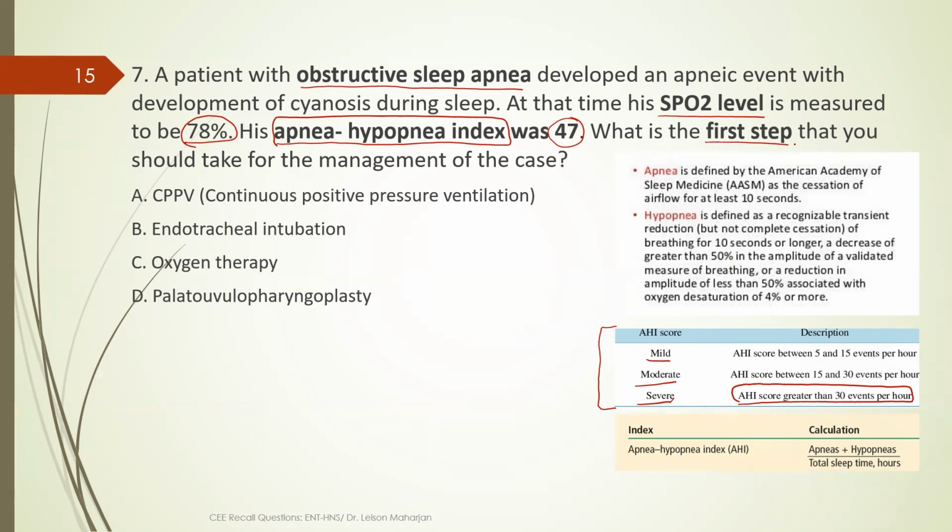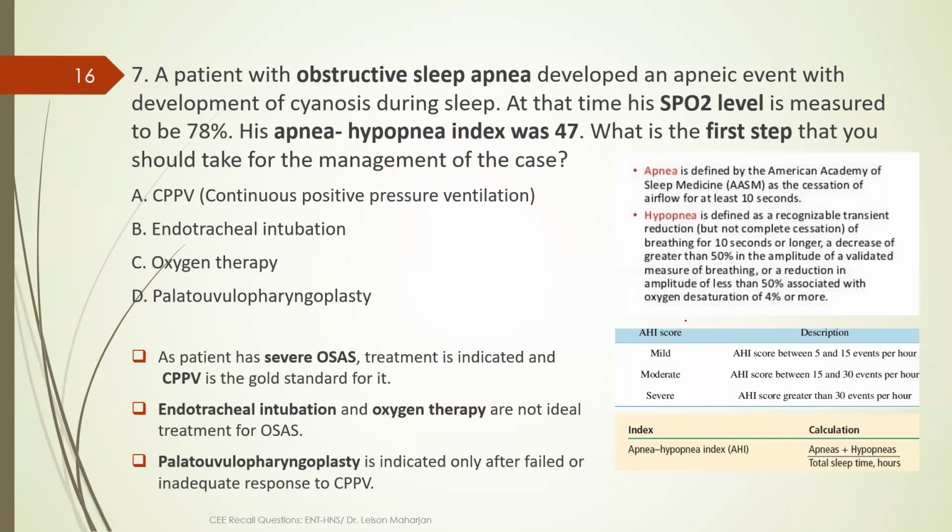So it is a case of severe sleep apnea. What are the first steps that you would take? Usually endotracheal intubation is done in cases of acute obstructive airway disease, and surgery would not be our first choice, because whenever we treat the patient, we should always go conservatively first, and only if the conservative approach won't work, then we go to the surgical options.